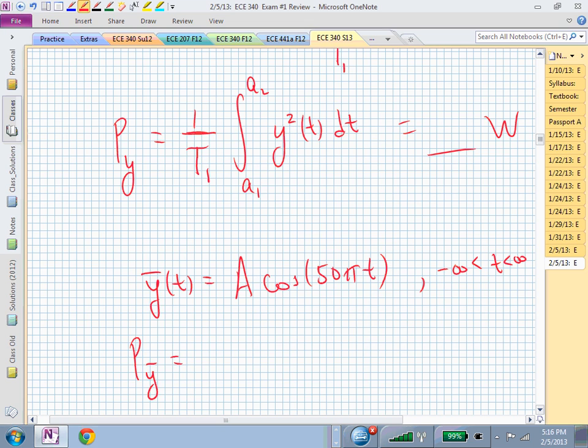So now if we know that we have a cosine, what have we learned, I hope, in one of the sections of the book? For any frequency, what's the power? It's the amplitude squared divided by 2. So if you do this generically for any periodic waveform, you will find that the power ends up being the amplitude squared divided by 2.